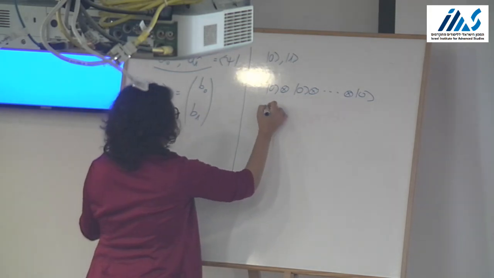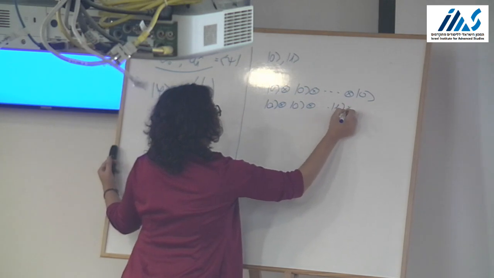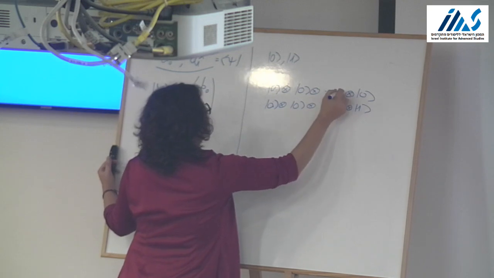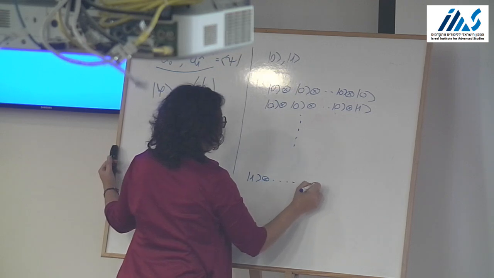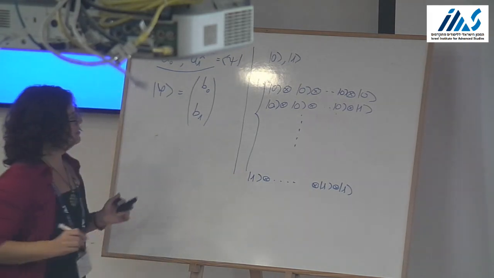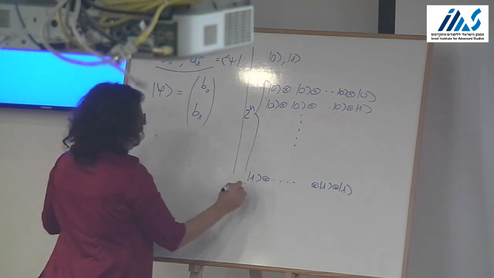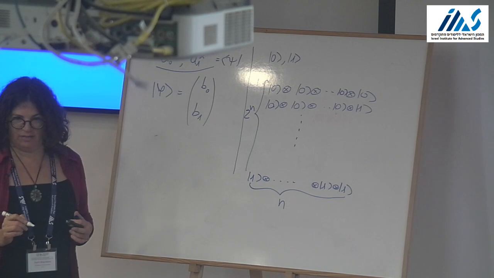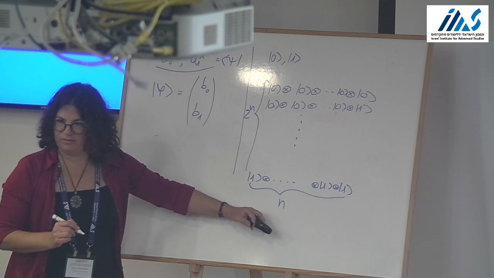That's the first configuration. Or 0 tensor blah blah blah 1 tensor 0 tensor 1. That's the second configuration, etc. Up to 1 tensor blah blah blah tensor 1 tensor 1. So the number of such choices is 2 to the n, and the number of coordinates here is n. So the dimension of my space, which is spanned by these basis vectors, is 2 to the n.